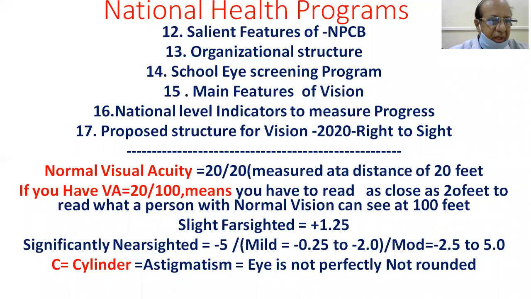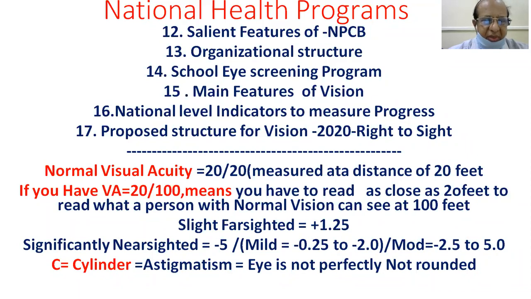departments. If you have visual acuity 20 by 100, that means, so one is above and one below, up and down. Up is 20, down is 100. The 20 by 100 means you have to be as close as 20 feet to read what a person with normal vision can see at 100 feet.